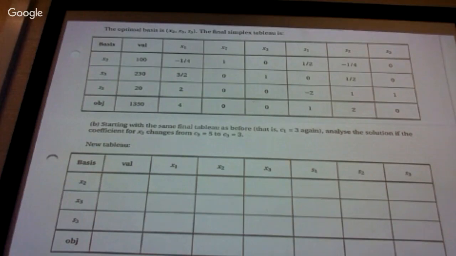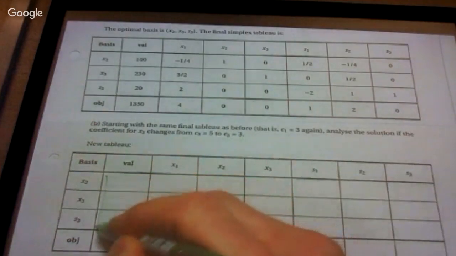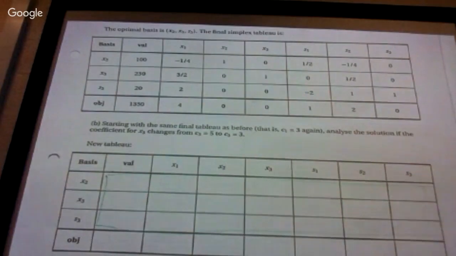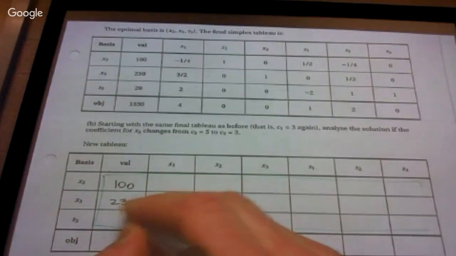Right, so again, the only thing that's going to change is the objective row. So I don't even need to do much about it. So this part stays the same.